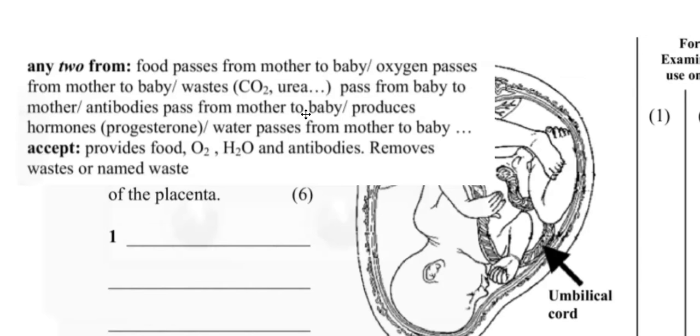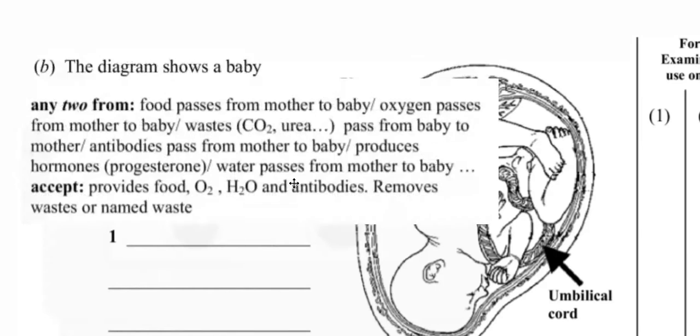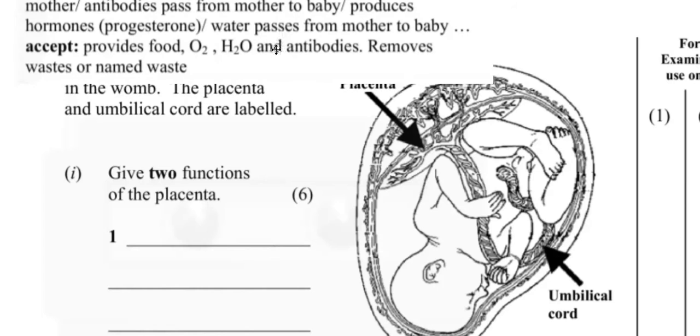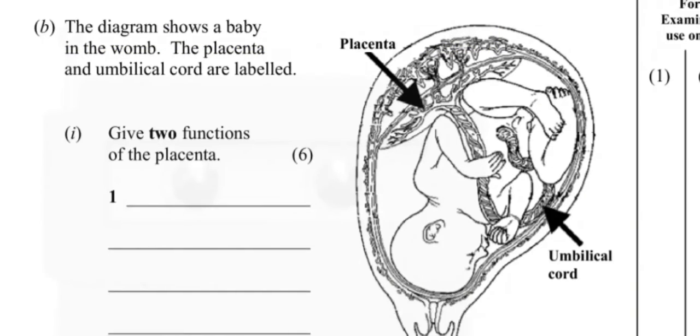The placenta passes oxygen from the mother to the baby. It takes waste from the baby into the mother's system, and then the mother removes the waste from her body. Okay, antibodies pass from mother to baby. Mother produces hormones for the baby, and then water passes from mother to baby. So any of those roles will be good for the placenta. Okay, any of them.